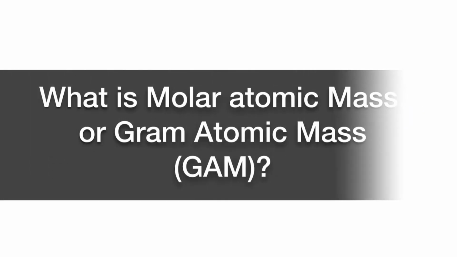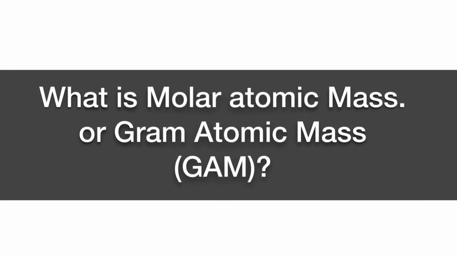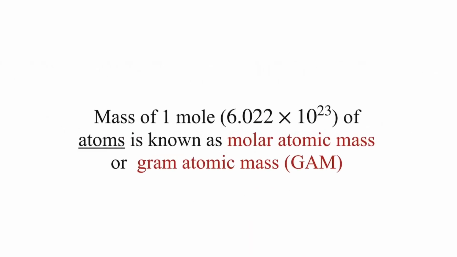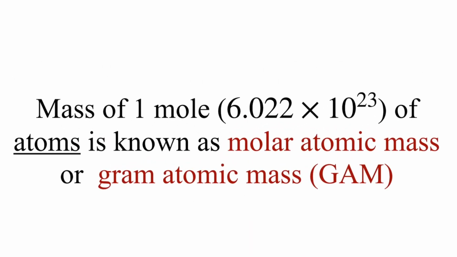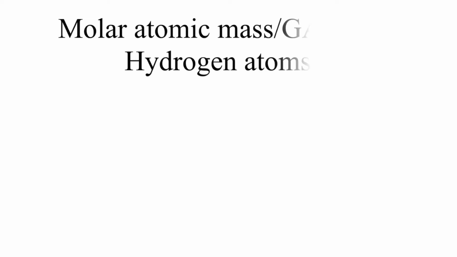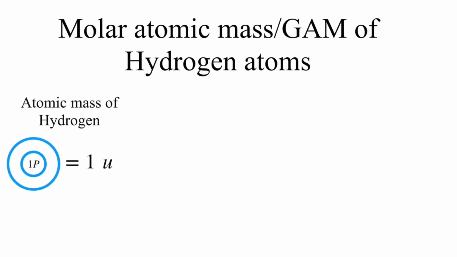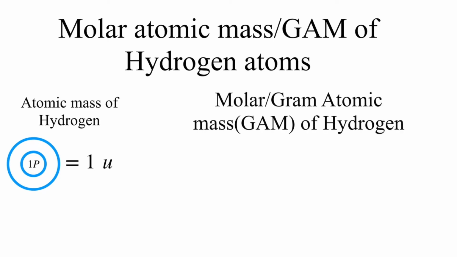So what is this molar atomic mass, which is also known as gram atomic mass? It is defined as the mass of 1 mole of atoms. For example, the gram atomic mass of hydrogen. So we know that the atomic mass of hydrogen atom is 1 unit. So what is the mass of 1 mole of hydrogen atoms?